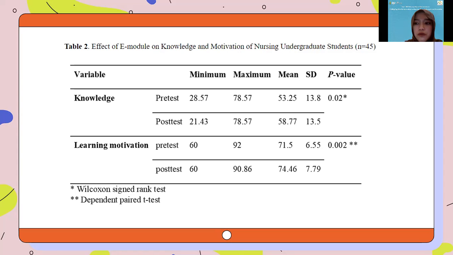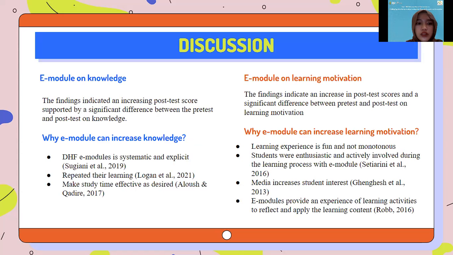And the p-value shows a significant difference in both variables, with knowledge at 0.02 and learning motivation at 0.002. So the finding indicates an increased post-test score and a significant difference between pre-test and post-test on knowledge and learning motivation.